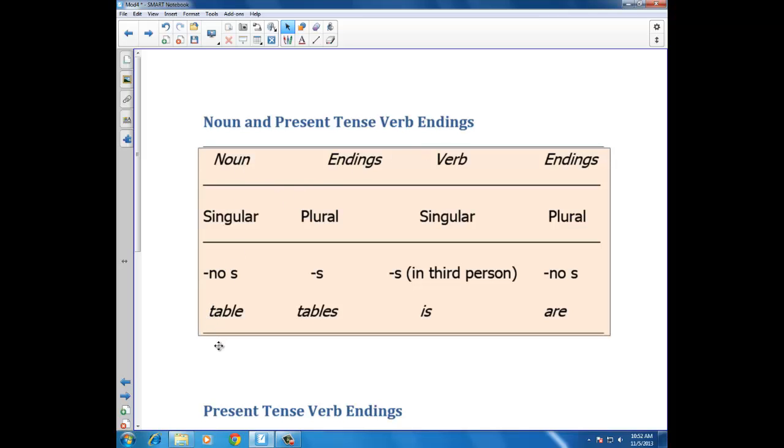With nouns, singular, no s, for example, table. Plural, add an s, for example, tables. Verbs, singular, s in the third person, is, and plural, no s, are.